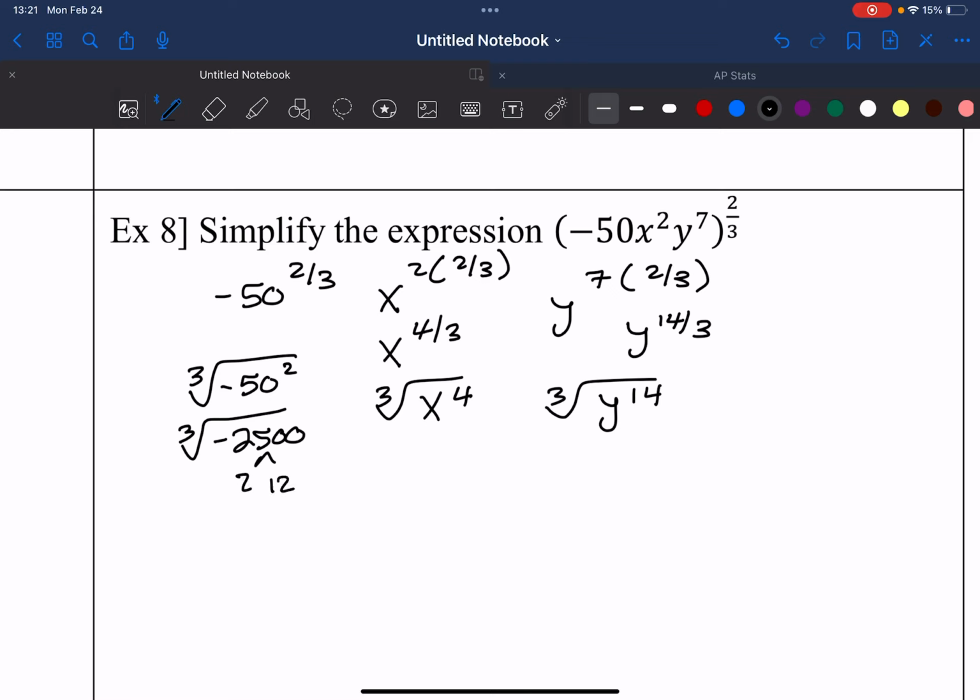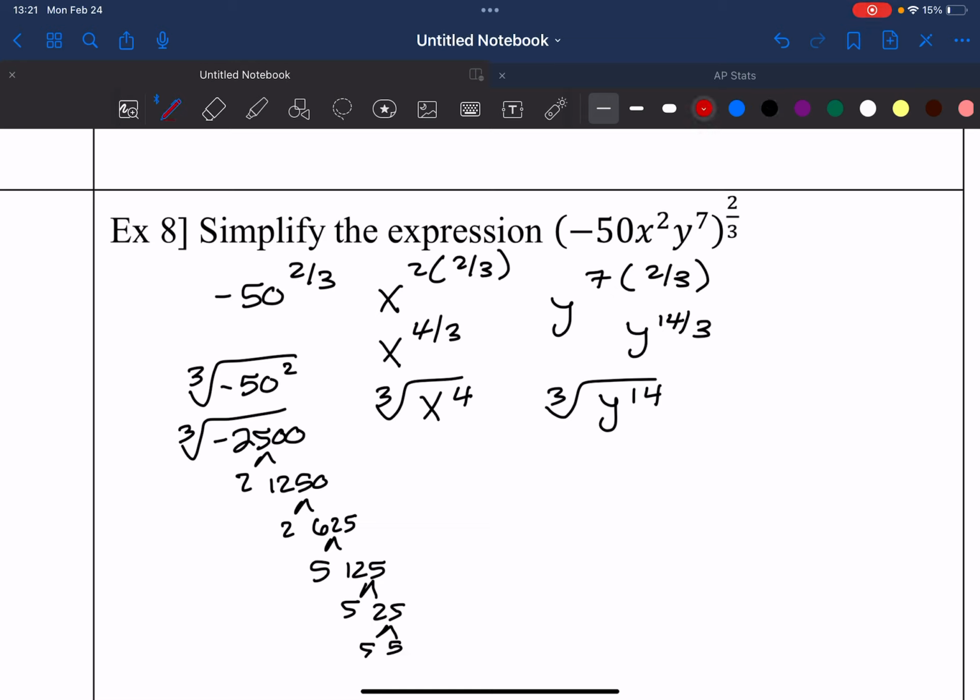So 2 is 1,250. If I try 2 again, I get 2 and 625. 2 won't work anymore, so let me try 3. Okay, 3 doesn't work. 625 divided by 5. So 5 and 125. So 5 and 25, 5 and 5.